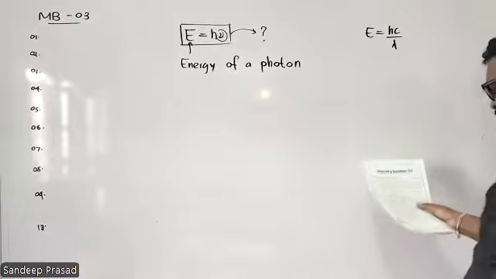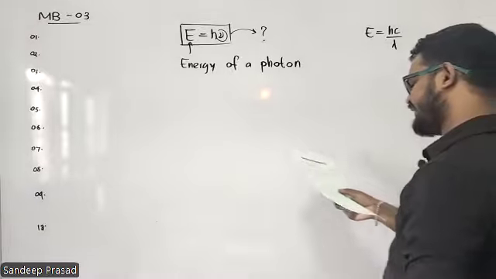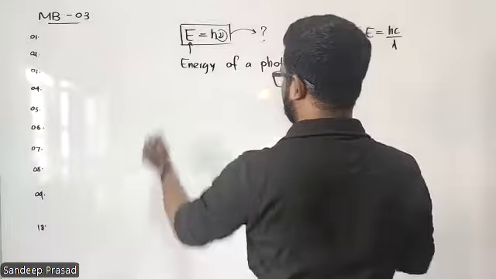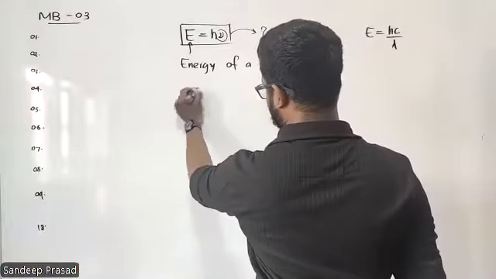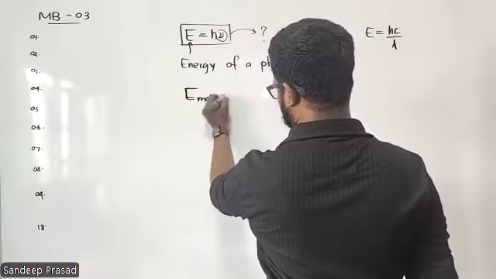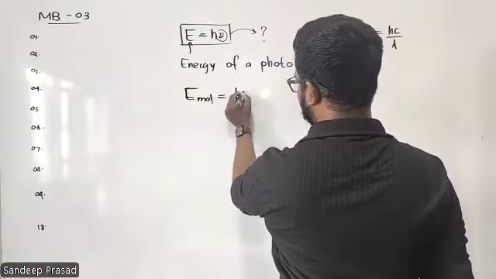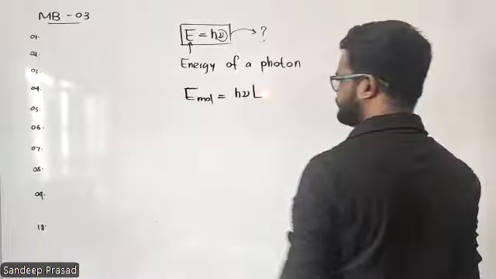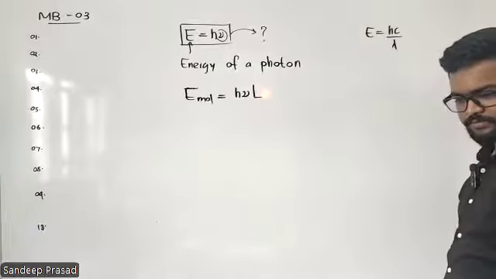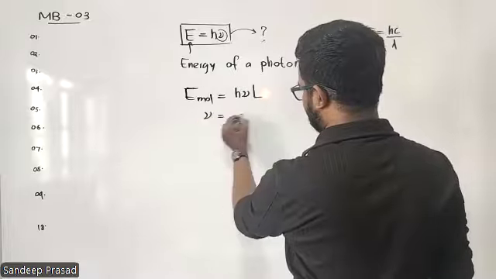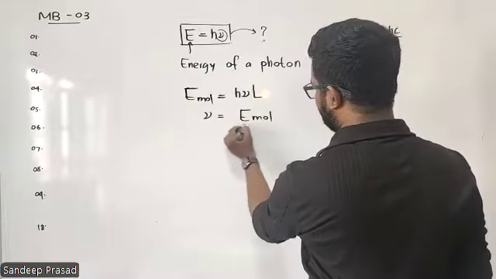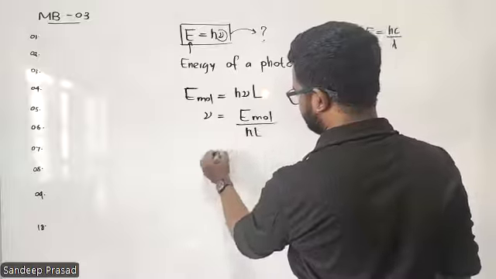Then the next thing is, they have given the energy per mole of electrons. So I can use here E mole equals h nu L, where L is the Avogadro number. Then we have to find the frequency, nu equals E mole divided by hL.